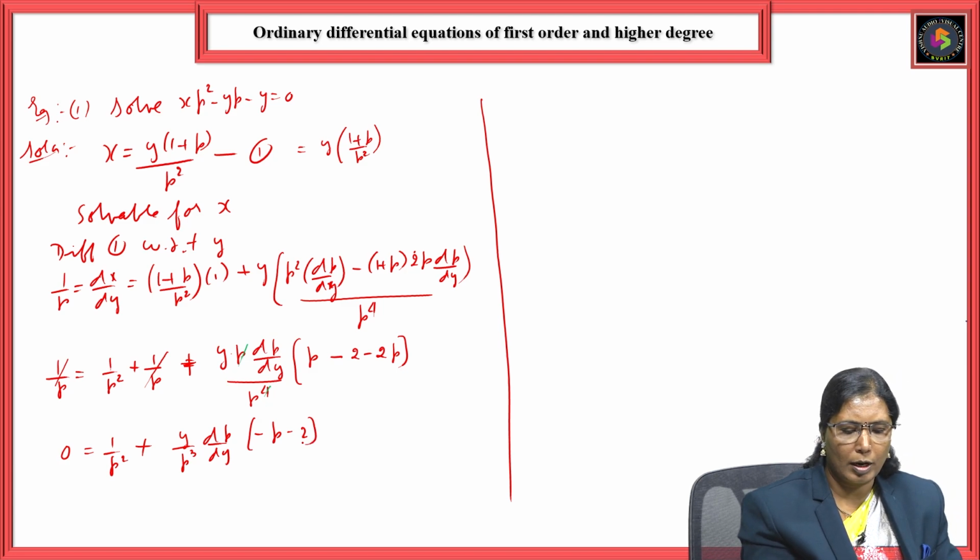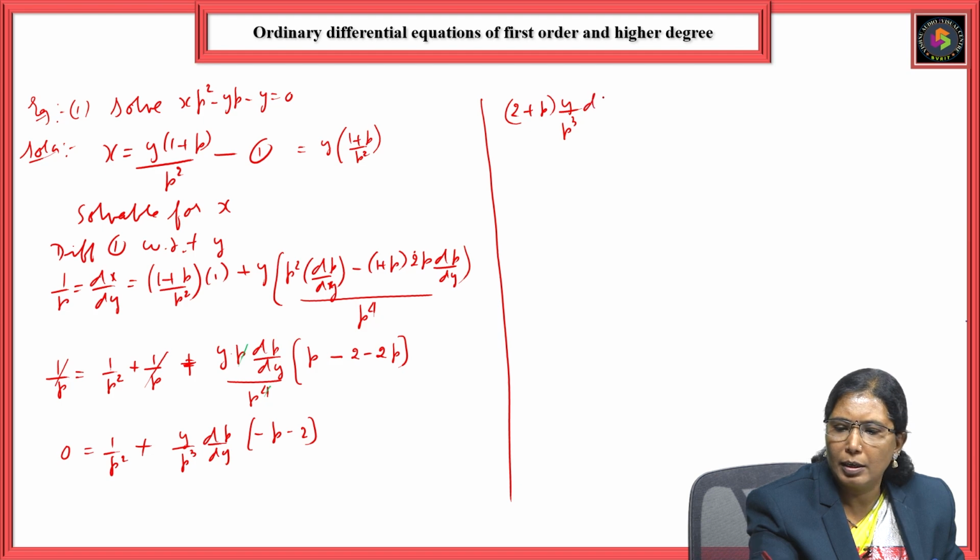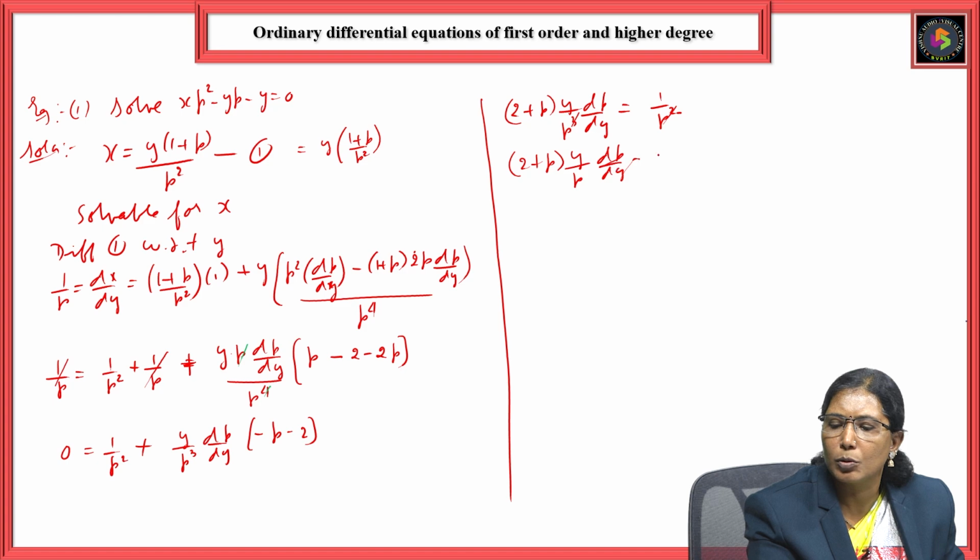Taking this to the other side, (2 plus p) y by p cube dp by dy is equal to 1 by p square. One p cancels, p square cancels, so (2 plus p) y by p dp by dy is equal to 1.